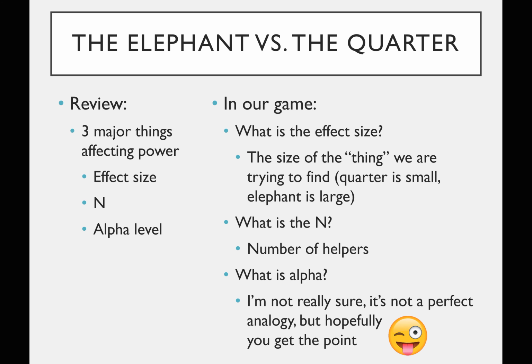I'm sorry to break this one to you, but I'm not really sure what alpha is in this case. It's not a perfect analogy, but hopefully you sort of get the point, like, we're talking power here, right? Your power is how likely are you to find a thing, and if the thing is big, and if you have a lot of people helping you look for it, you're really likely to find it. So with big effect size and high sample size, your power is going to get bigger.